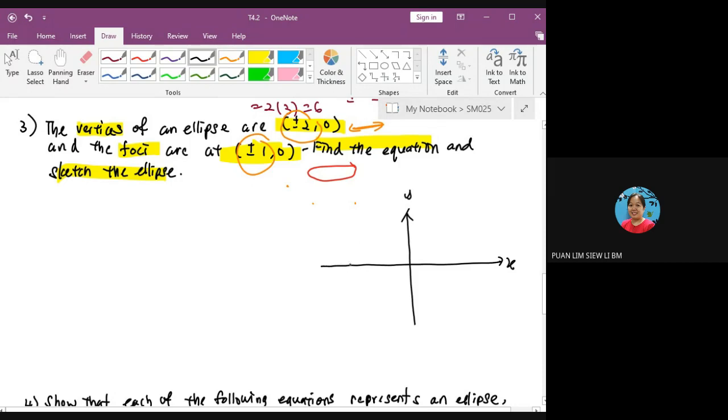Okay, so vertices kita dekat (-2, 0). Oh, okay, so kosong. Sini lah. (2, 0), (-2, 0). So ini vertices kita. So maksudnya paling hujung titik, paling hujung situ.